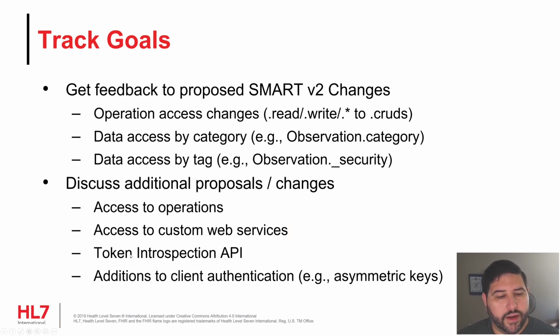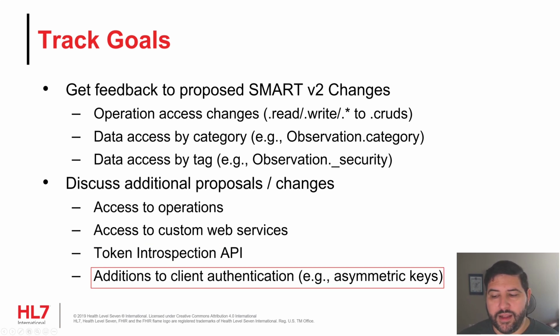The other 2 areas that we want to highlight and potentially discuss are a token introspection API, and this is part of the ONC rulings, I believe, so this is definitely coming soon, and we'll want to make sure that there's a good foundation for everyone to build off of and a standard way of doing it. And additionally, there's some additions to client authentication that we'd like to discuss.